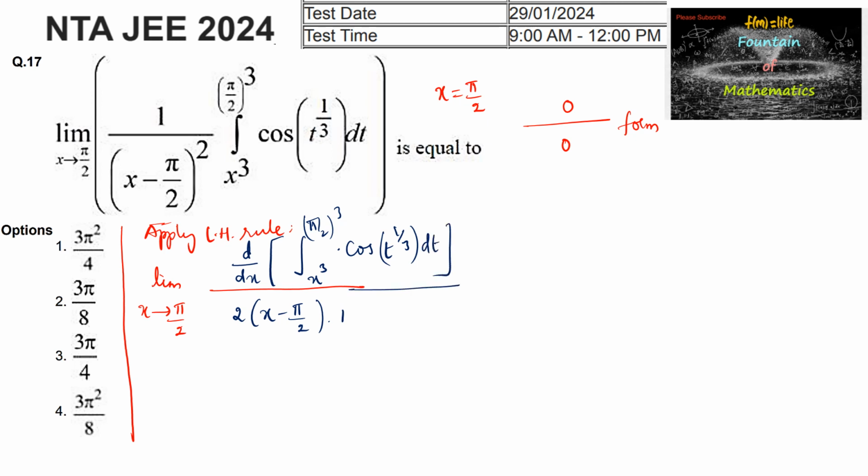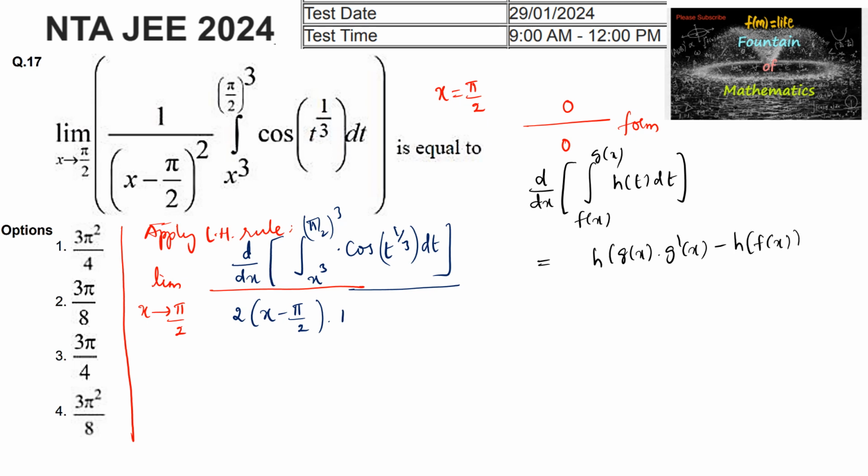So we have the concept: d by dx of the integral from f of x to g of x of h of t dt is equal to h of g of x into g dash of x minus h of f of x into f dash of x.